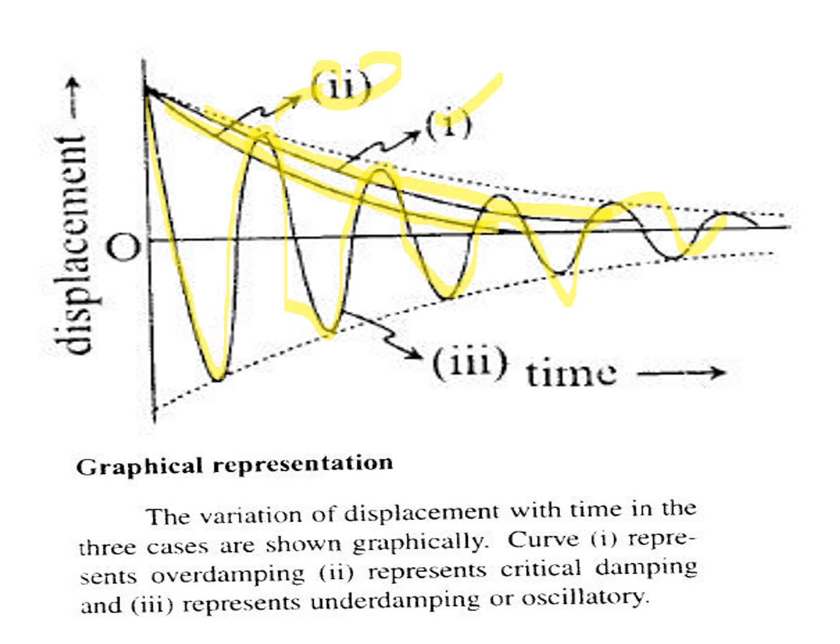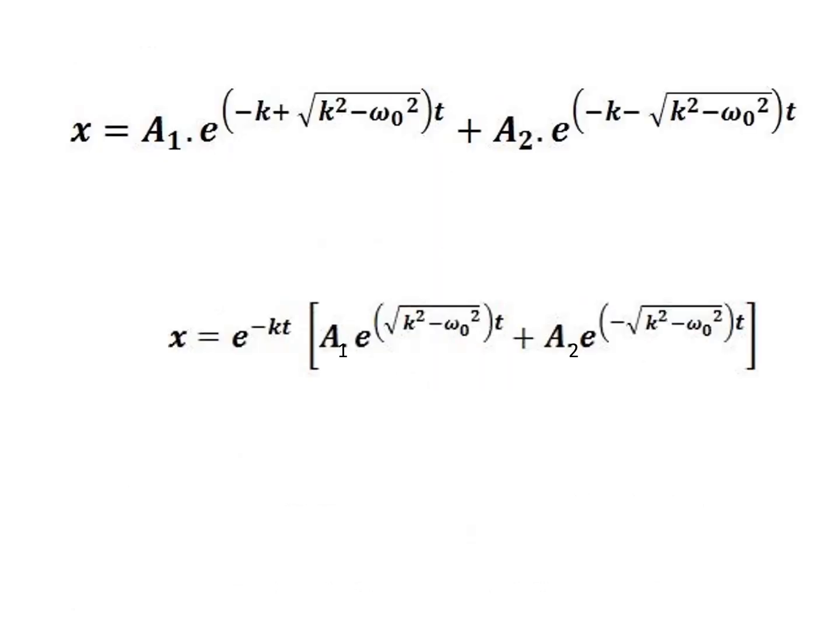You can clearly see that only for the third case, that is the underdamped case, there is oscillatory motion, whereas for the first case and the second case, that is the overdamped case and the critically damped case, there isn't any oscillatory motion. Now we are going to discuss each case one by one.